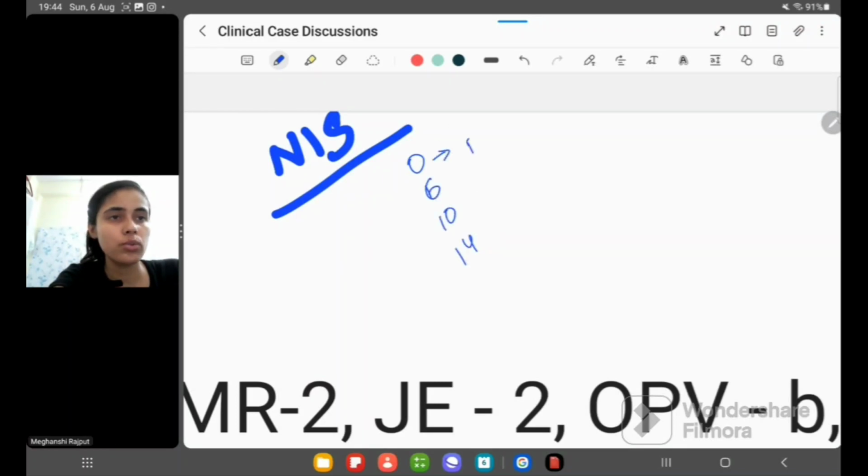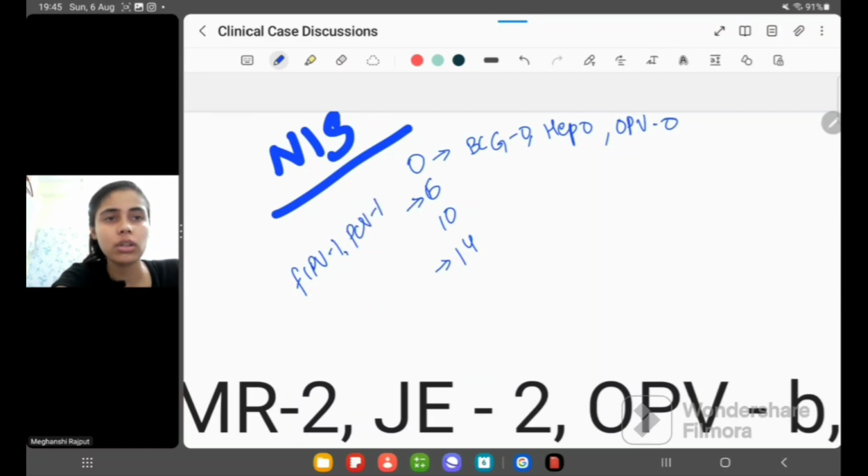For zero dose, we know it is BCG, the birth dose, the hepatitis B birth dose, and OPV zero dose. Then at 6 and 14 weeks, we give fractionated IPV, and along with IPV, we give the pneumococcal vaccine, PCV.